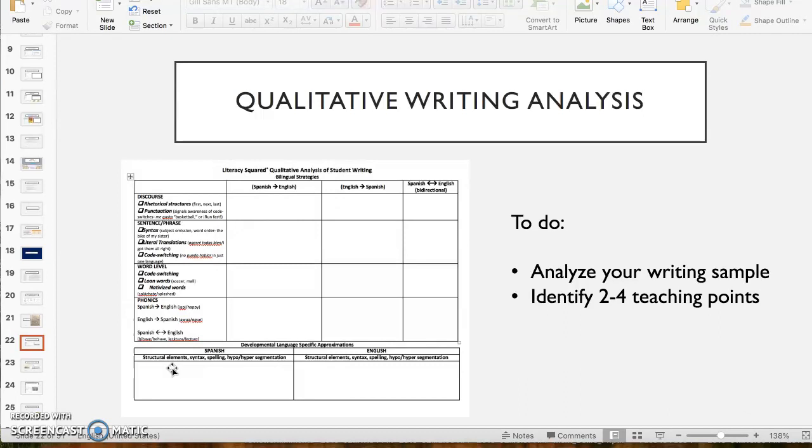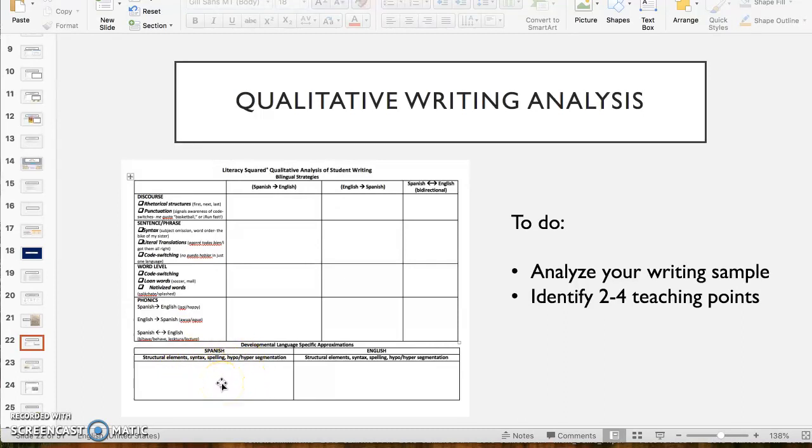I've seen it written a million different ways. So just because a learner misspelled the word because in the first grade, that doesn't signal to me that that child might be bilingual. That's pretty typical of a first grader to not know how to spell the word because. So anything in terms of structural elements, syntax, spelling, that is typical of a first grader or fifth grader would go here in this box.